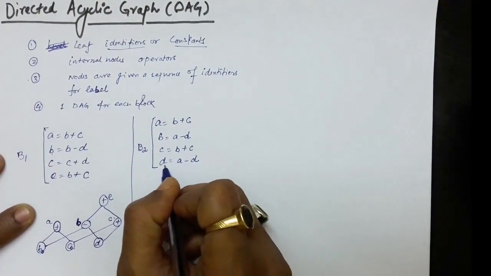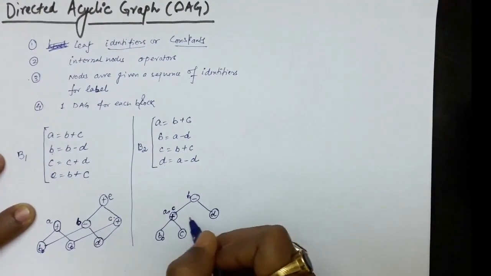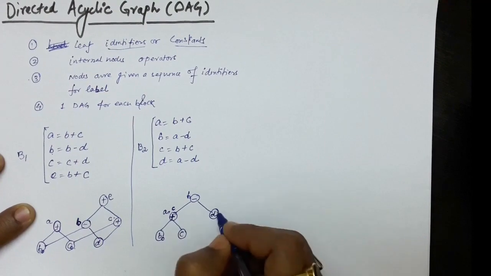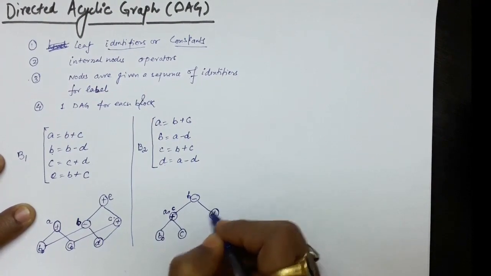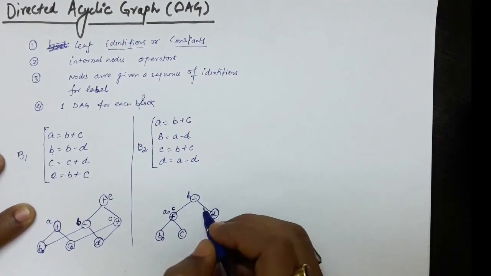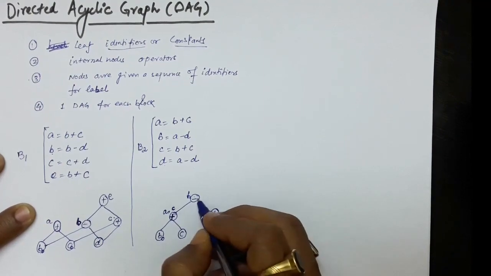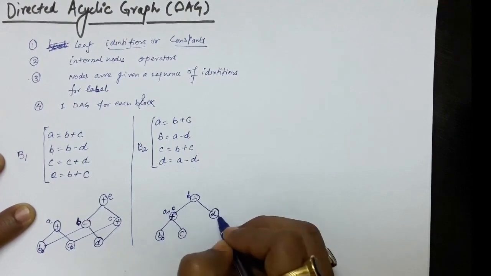So the next operation is D equals A minus D. We can find A from here. Okay. And then the D is here. So A minus D. A is here and D is here.